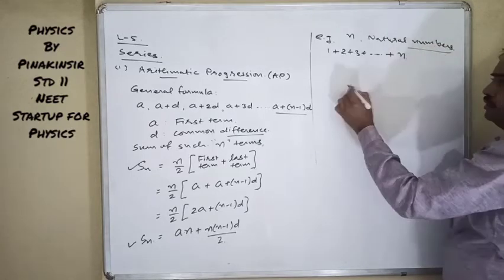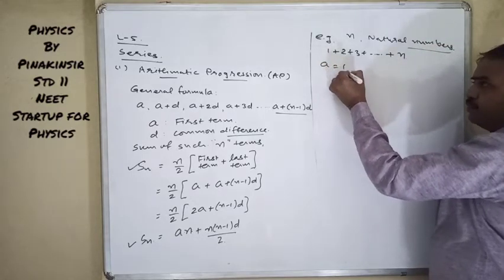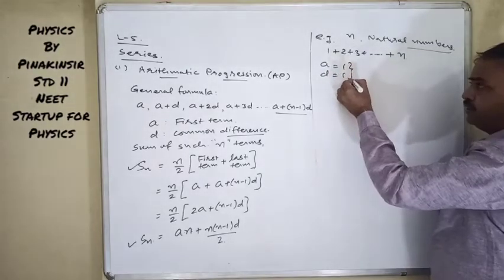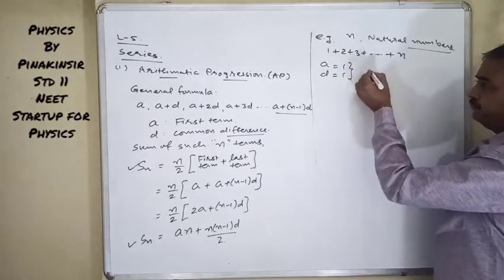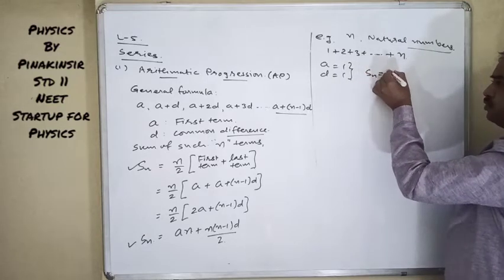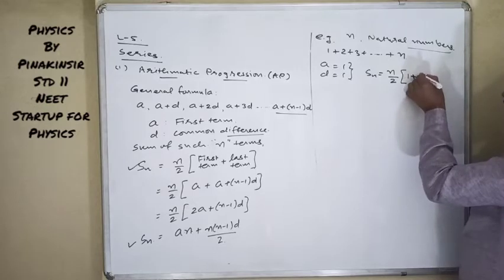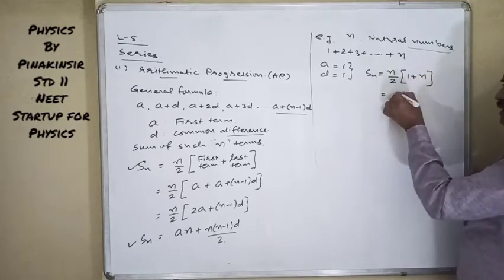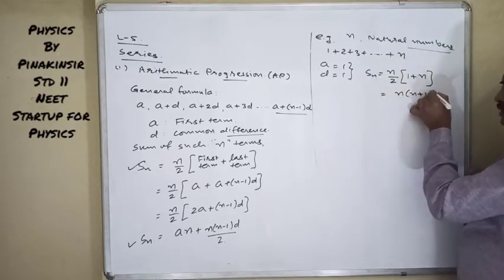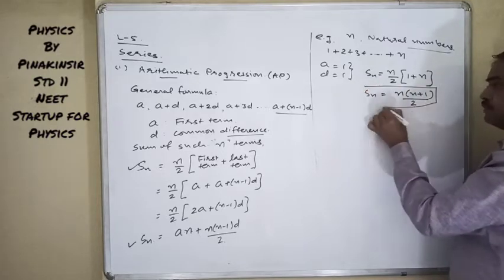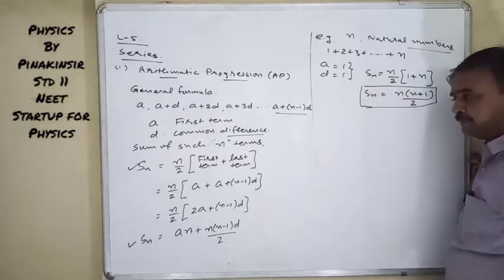See here, your first term A will be equal to 1 and common difference is again 1. Then using formula we will get Sn is equal to n by 2. Your first term is 1 and last term is n. Thereby n into n plus 1 divided by 2 will be the formula for summation of n natural numbers.